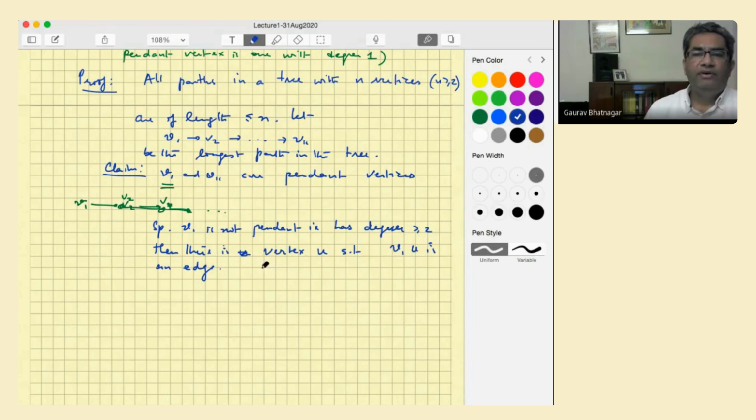Right. So if u is not one of v1, v2, up to vk, then we have a longer path.